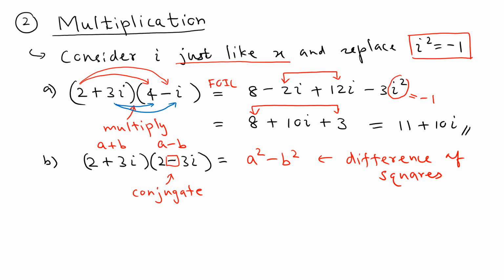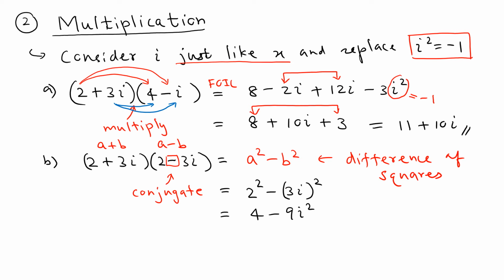That always happens. So that means you can square the first one, that is 2 squared, minus the second one, which is 3i. So the second one is 3i squared. So when you do that, what happens now? You're going to get 2 squared means 4, minus 3i squared means 9i squared, because you have 3i times 3i, 9i squared.